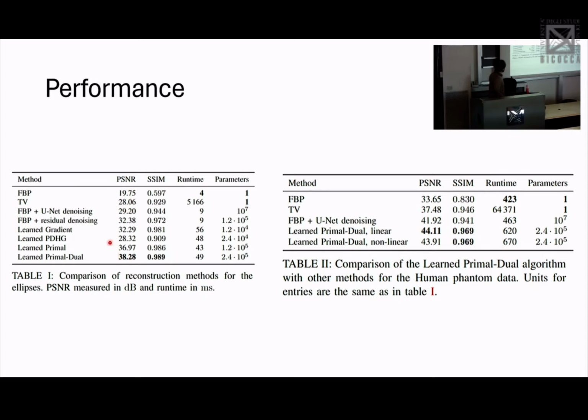Then you can do the learned primal dual algorithm, which was the one that I was showing you before, and you can get almost another 10 decibels more, and you can see that the runtime is acceptable, definitely. It's slower than U-Net denoising on FBP.